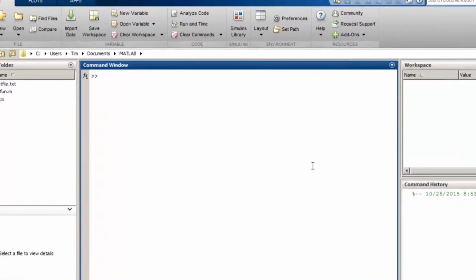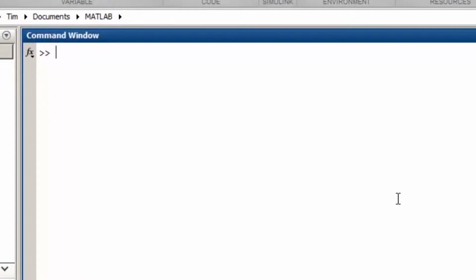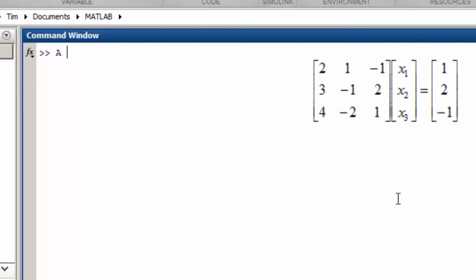To check the results of my Gaussian elimination, I'll first use MATLAB to solve the original set of equations. A equals 2, 1, -1, semicolon, 3, -1, 2, semicolon, 4, -2, 1. And B equals 1, semicolon, 2, semicolon, -1.